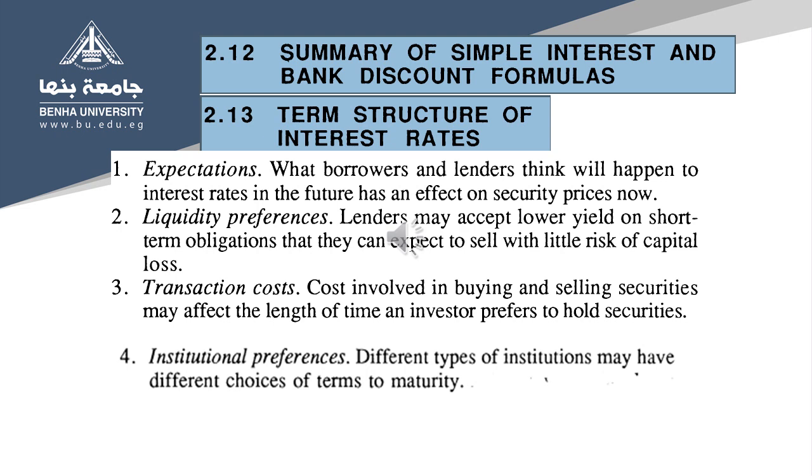If the interest rate may go up or go down, what is the trend of the expectations? The trend of expectations goes up or goes down. This is what we mean by expectations about certificate of deposit, about bonds, about interest rate of the commercial banks. Liquidity preferences. This is the second important definition.